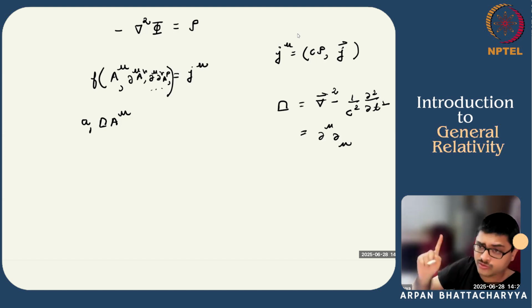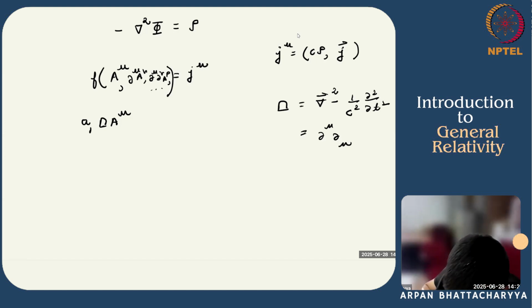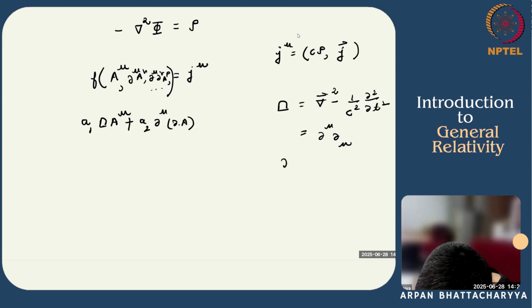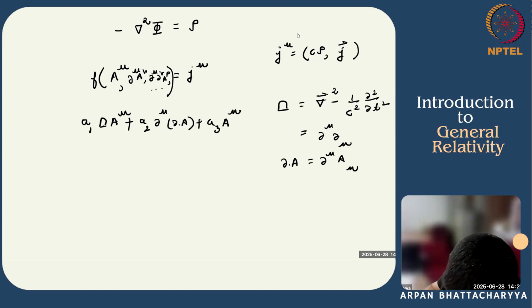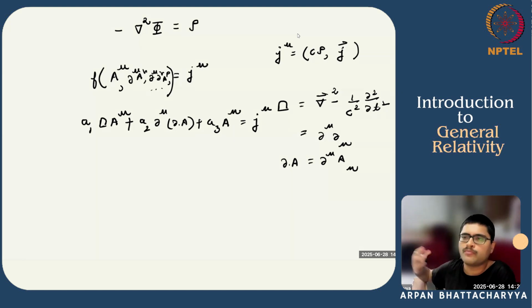This left hand side should have one free index. The first term is consistent with that. Then we can have del mu del dot A, which is nothing but del mu del nu A nu, and then we can also have del nu del mu A nu, and this is equal to the charge current. Now we have these three undetermined coefficients a1, a2, a3. We have to fix them.